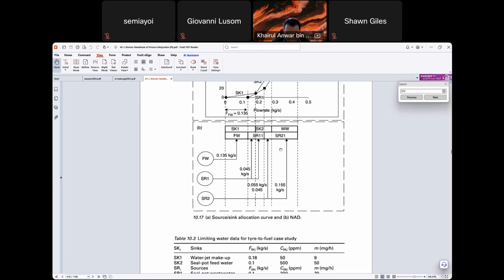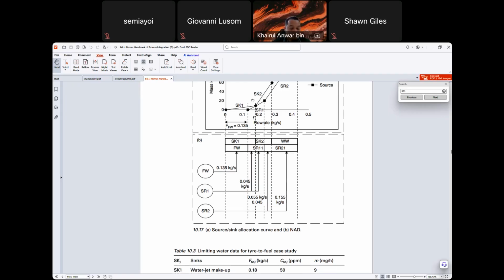So this value is between this point. Yeah, this value 0.045, 0.055 is on this point.